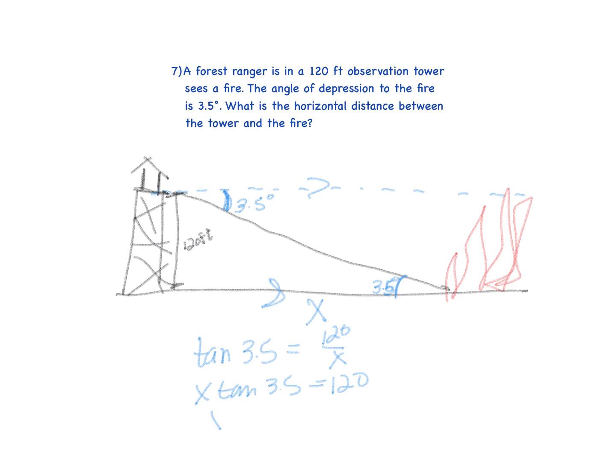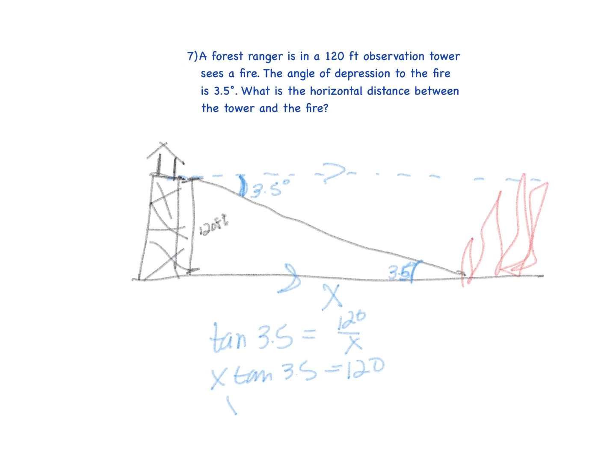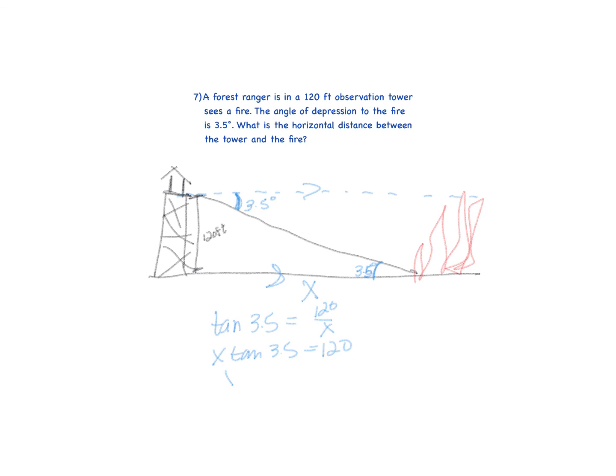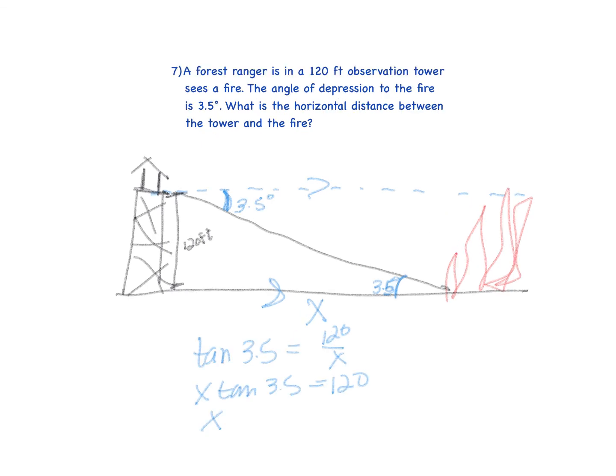Okay, hold on, I'm having some issues here. There we go. So x equals 120 divided by tangent 3.5 degrees.